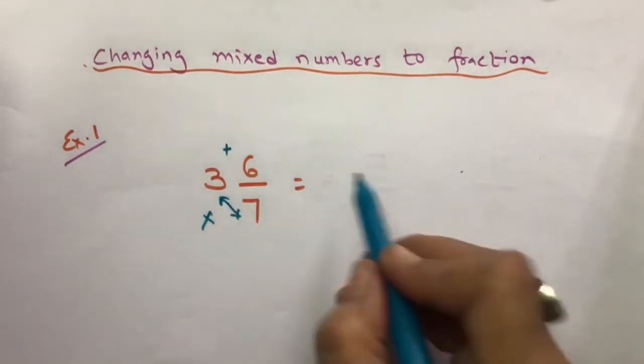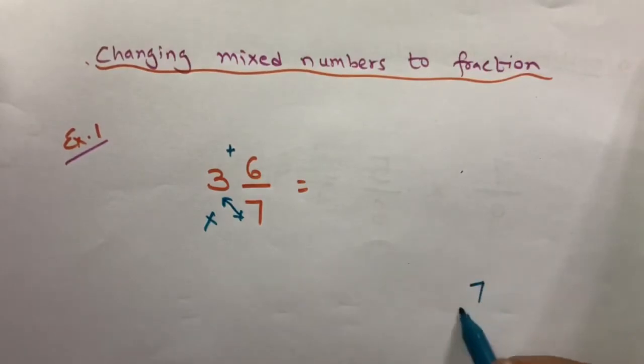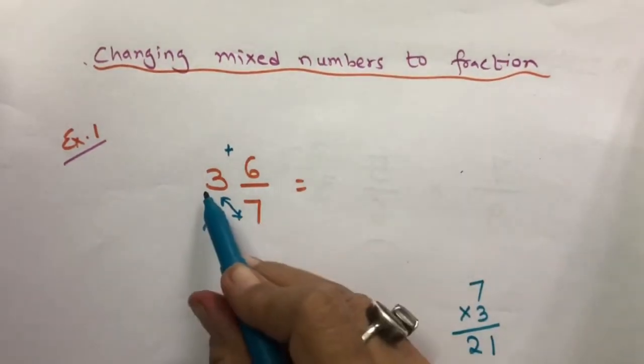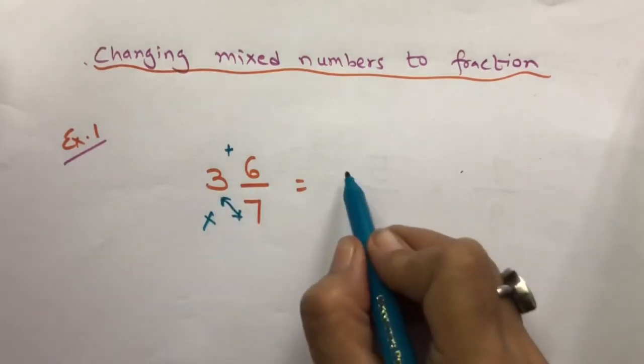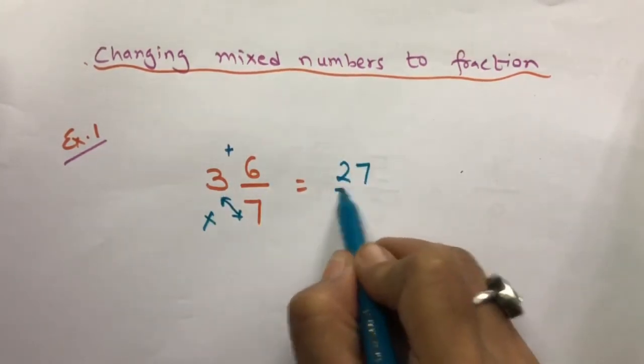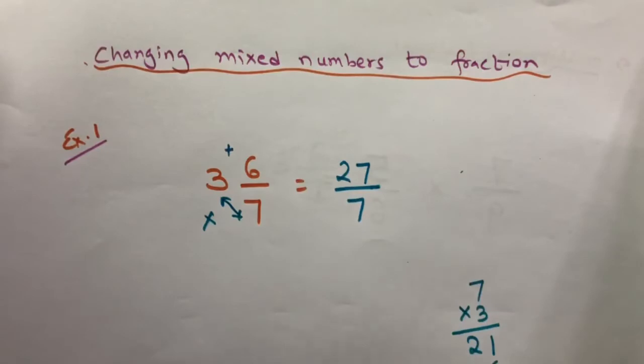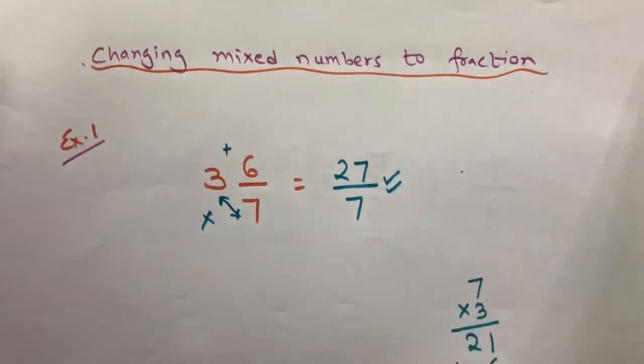So first we do 7 threes are 21, and we add this number. So this becomes 27. So what is the answer now? 27 upon 7. So this becomes a fraction now.